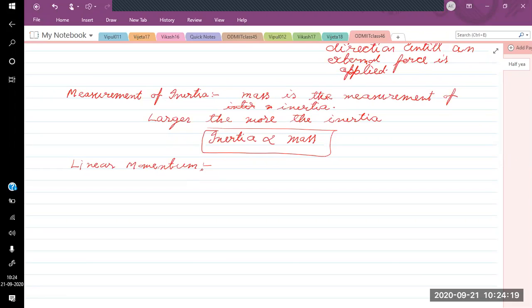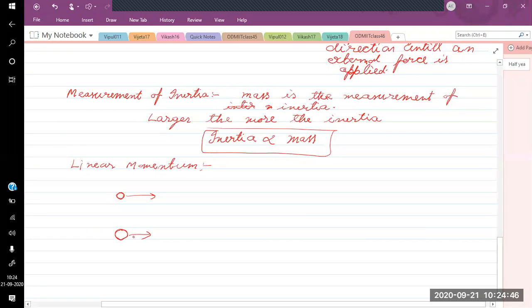Consider a tennis ball and a cricket ball. Both are thrown towards you. Which will give more damage to you if you put your hand out to catch these two objects? The cricket ball may give more damage to your hand, because the cricket ball has larger mass.